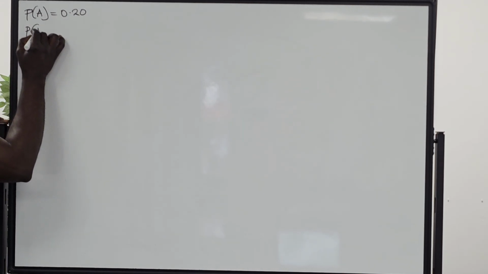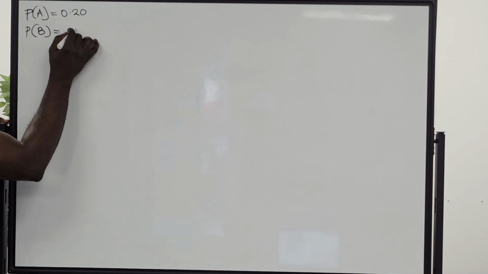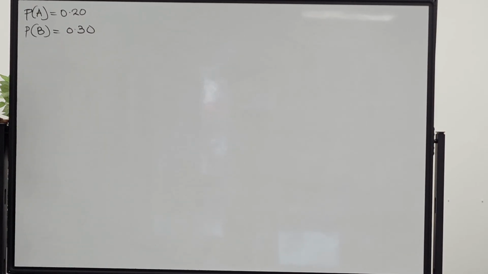Question 8 says the probability that event A will occur is 0.2, 20%. Probability of A is 0.20. If event A occurs, the probability that event B will occur is 0.3. So probability of B will occur is 0.30.